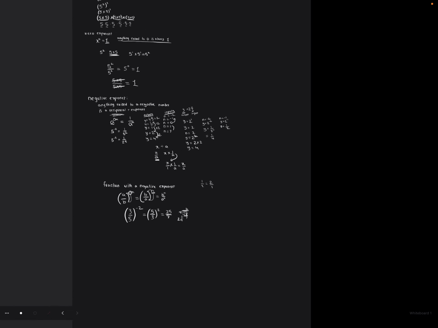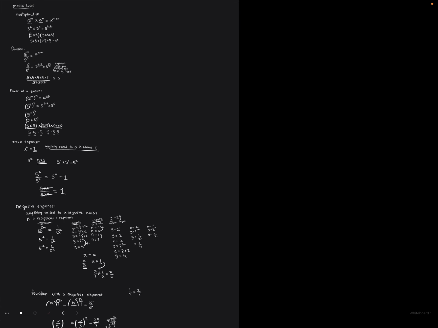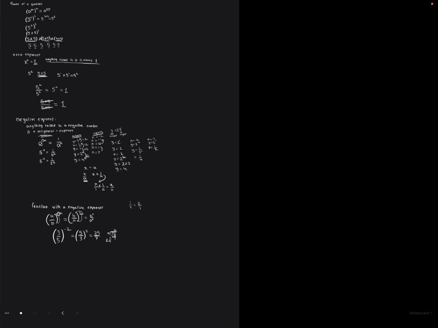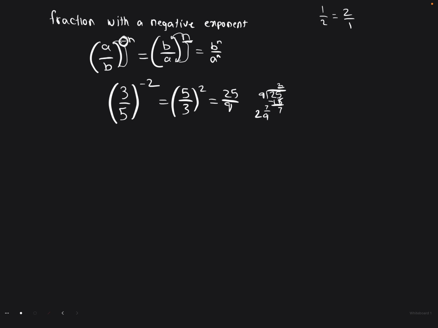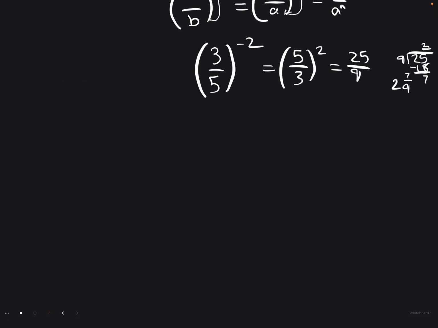Now that we know all of these rules, I would like to add one more rule. Let's say that over here there's a negative exponent on a over b.